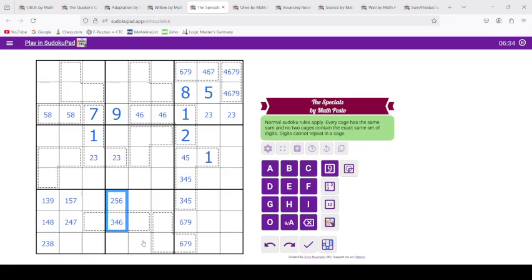Which means there's only going to be 1 missing. If it does not contain a 1, then it can't be 2, 3, 8 because of that. It could be 2, 4, 7. It could be 2, 5, 6. Or it could be 3, 4, 6. I bet this is a 2 or a 3.